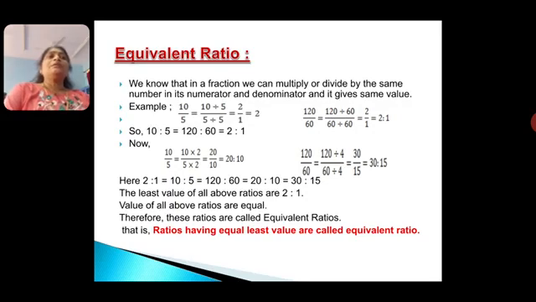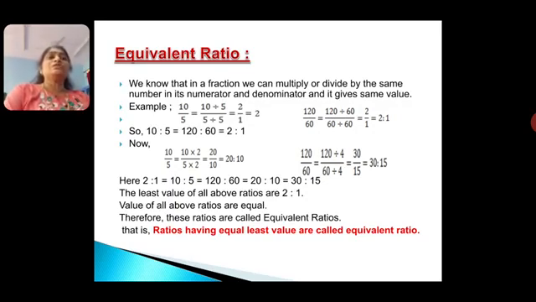Now, if we multiply the fraction, then we get another result. Now 10 by 5 equals 10 into 2 by 5 into 2, which gives 20 by 10, that means 20 ratio 10. Similarly, 120 divided by 60, if we divide numerator by 4 and denominator by 4, then we get 30 by 15.